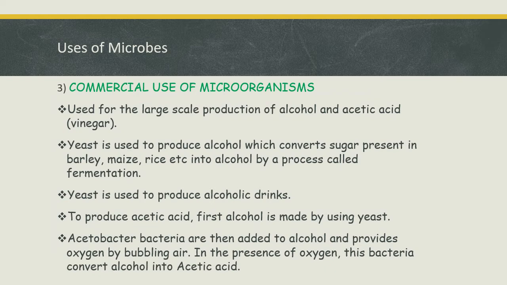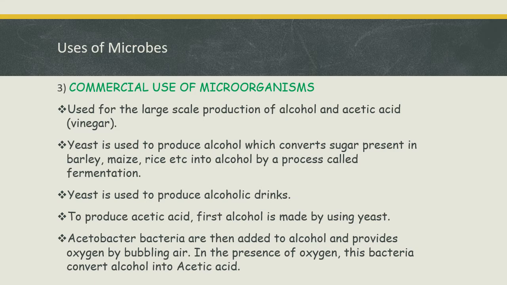The third use is commercial use for the production of alcohol and acetic acid. Alcohol is produced by the fermentation process, and acetic acid by an aerobic respiration process by a bacterium.